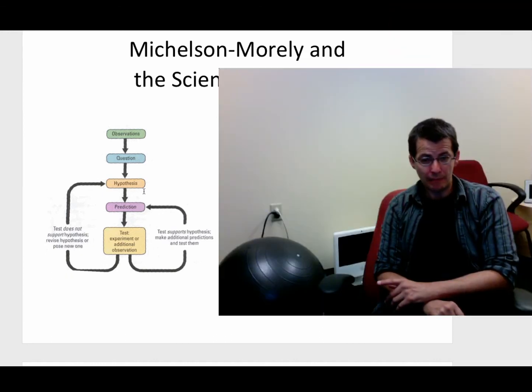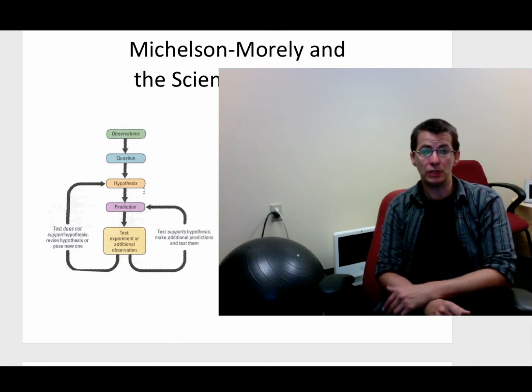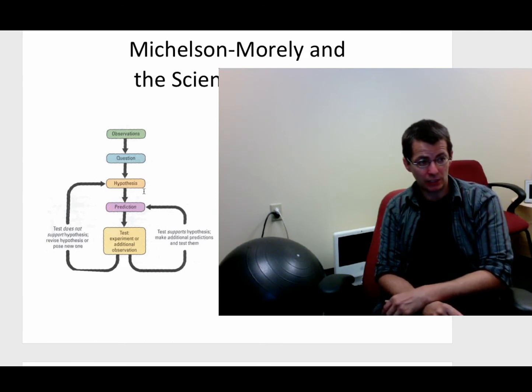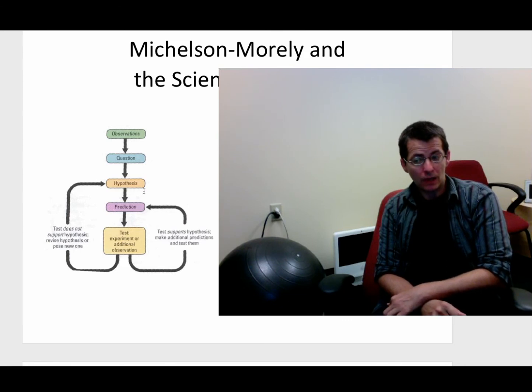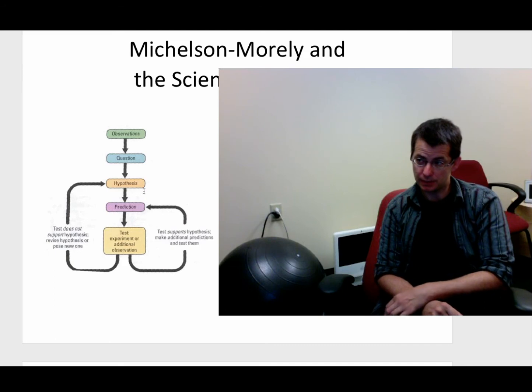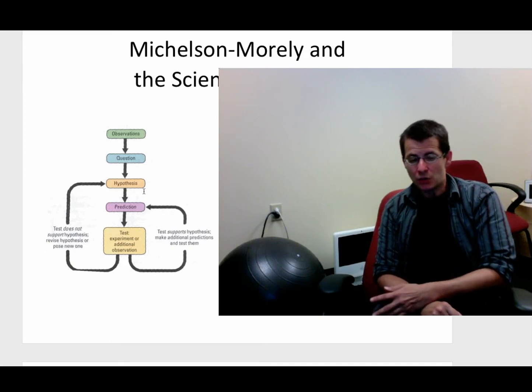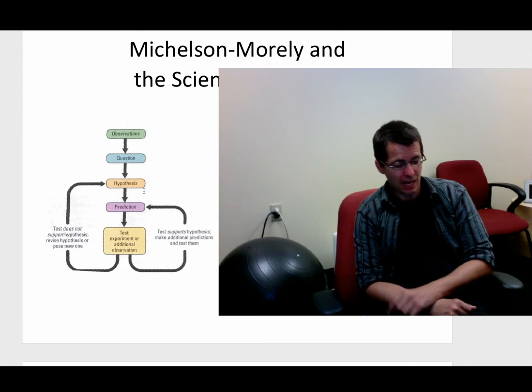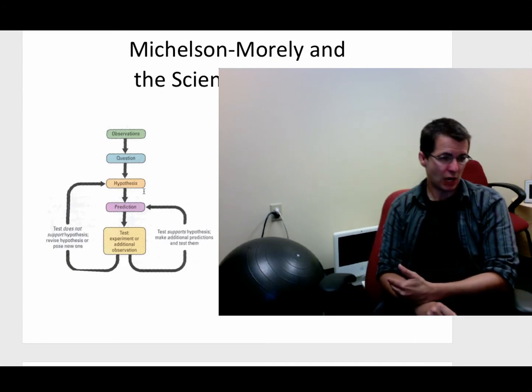So that means that the hypothesis was wrong. It does not support light traveling through the ether, depending on which direction it goes. So the hypothesis is wrong, and then you have to rethink the hypothesis. Which was really annoying for the scientists at the time, because with this ether, how do you have waves that travel through something?